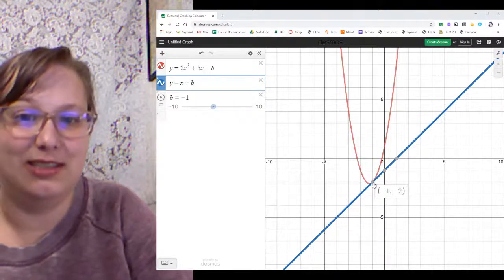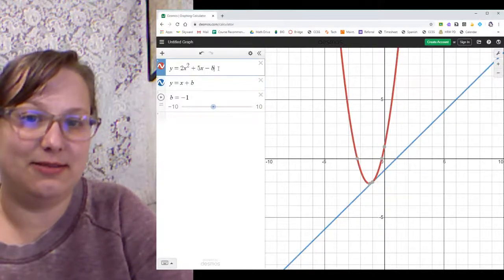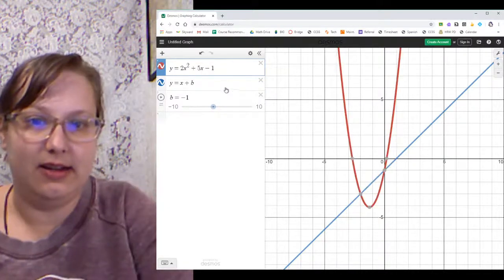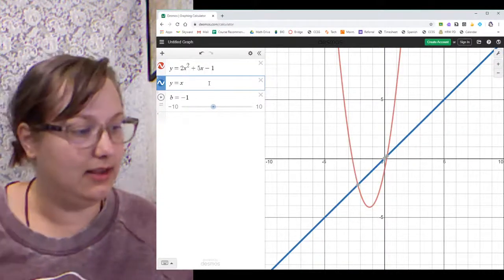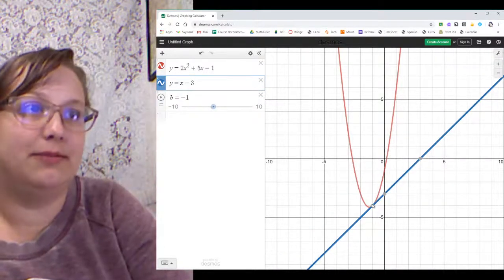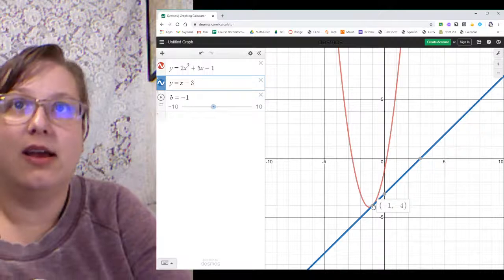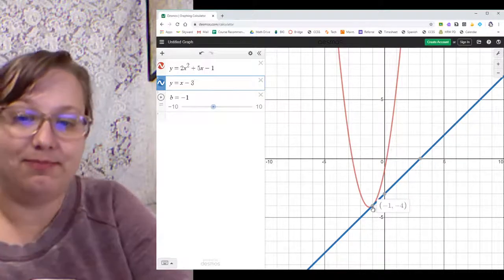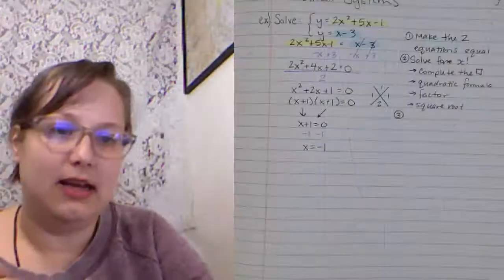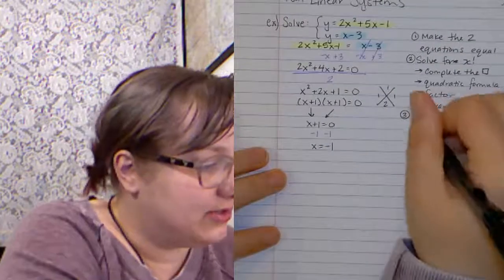It's going to be different, because remember, I changed this. It's a negative 1, and this one's a minus 3. So it's actually negative 1, negative 4. So I need both parts. So my second step is to solve for y.